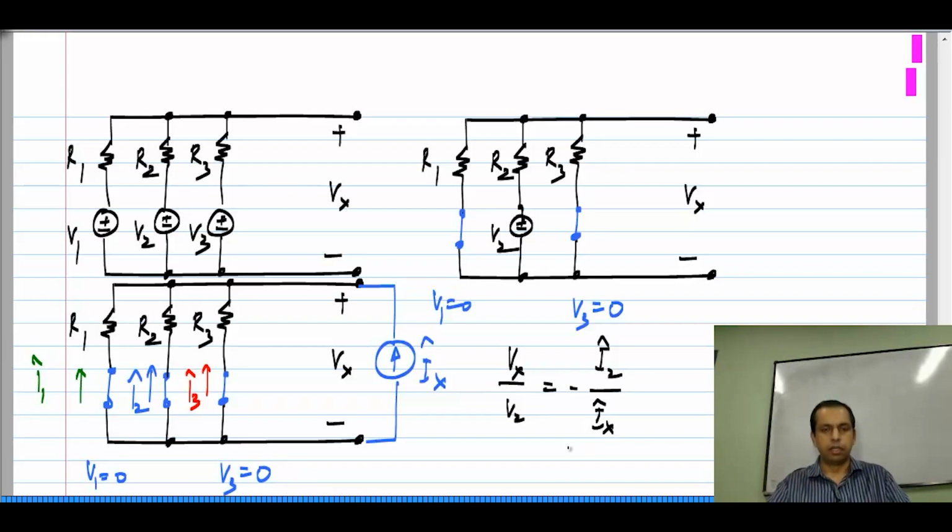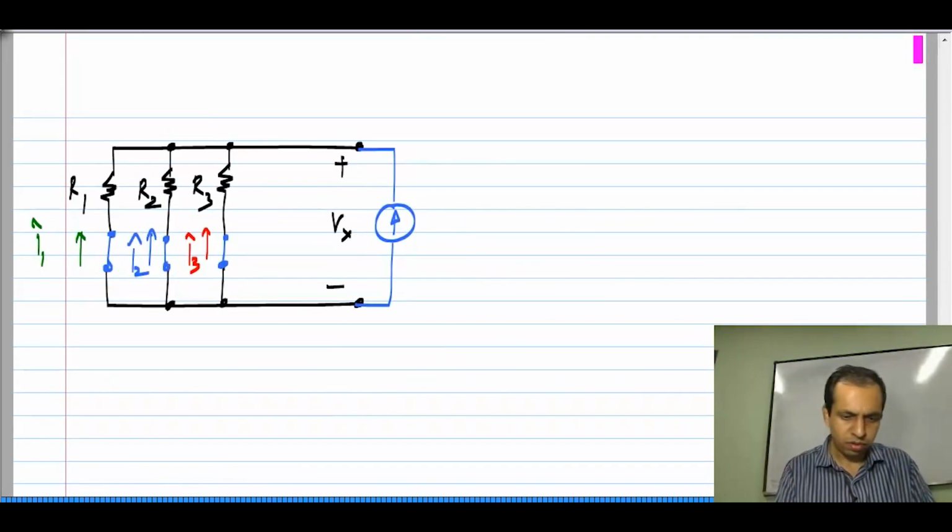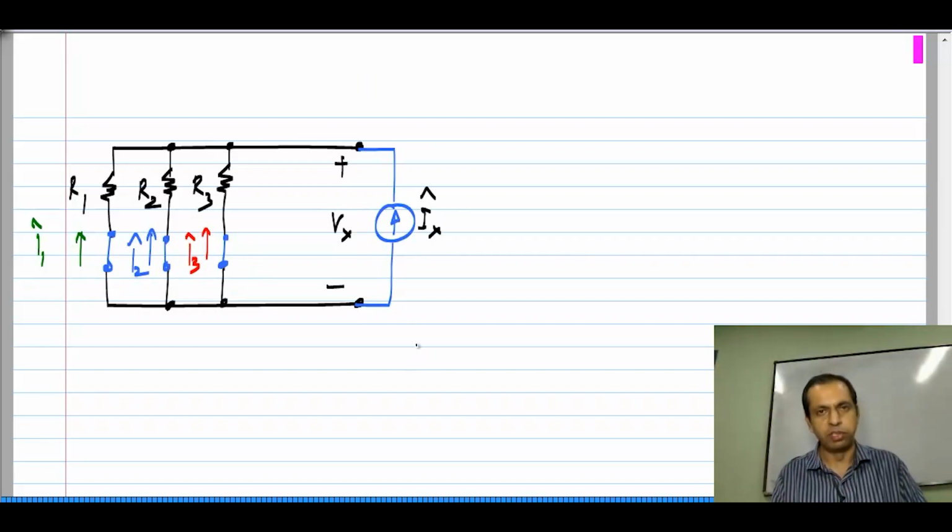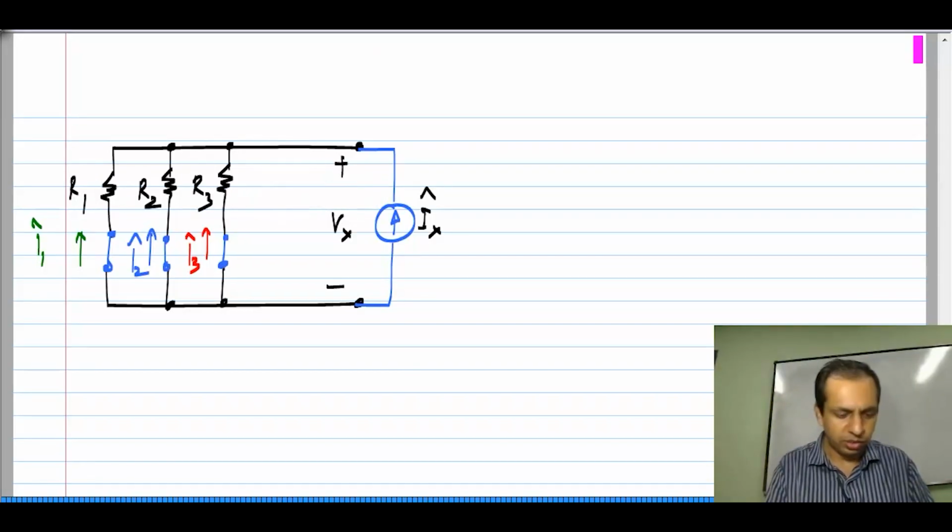Now, what do I do with this? So, this is the reciprocal case and I have to find I 1 hat, I 2 hat and I 3 hat over here, and I have this current I x hat injected from this side, and this is just current division into 3 resistors or 3 conductances, and that is very easy.